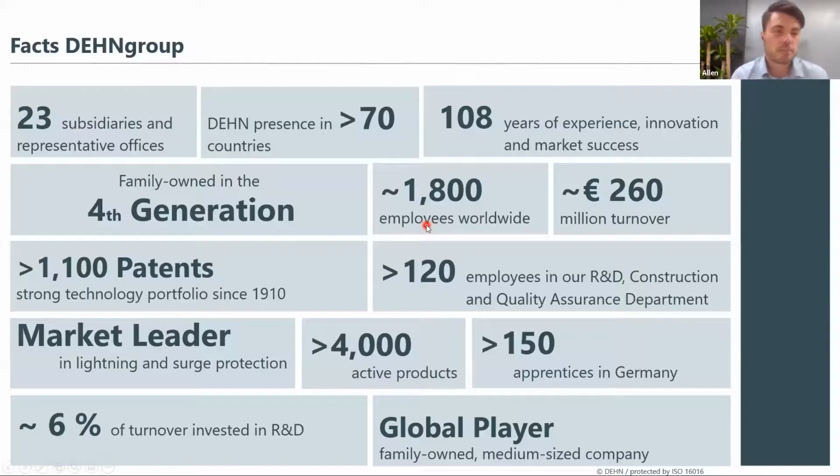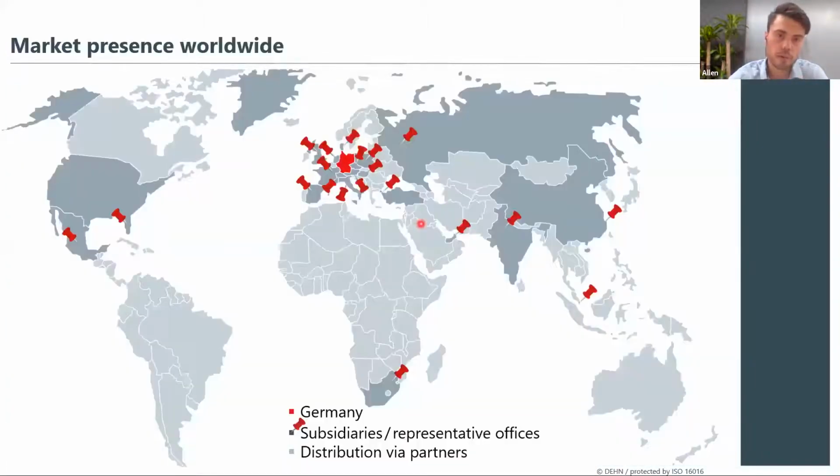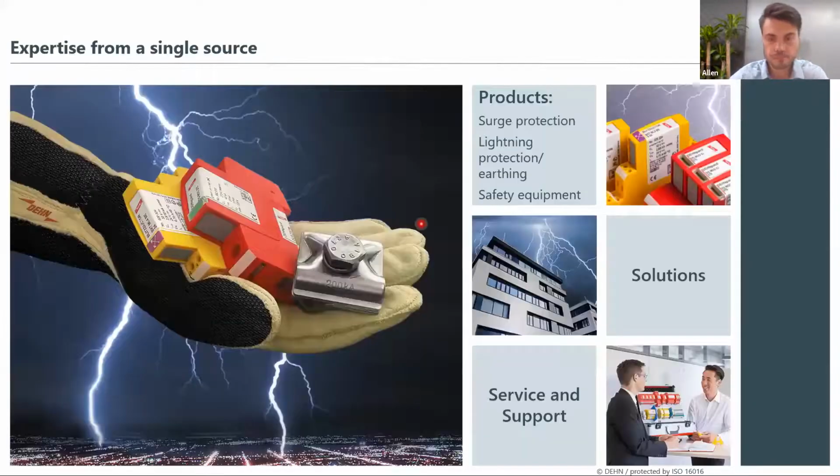So DEHN is a German-based, family-owned company, active in more than 70 countries in the world. We have more than 23 subsidiaries across the world. Also, we are not only manufacturers of surge protection devices, but we also manufacture external lightning protection.